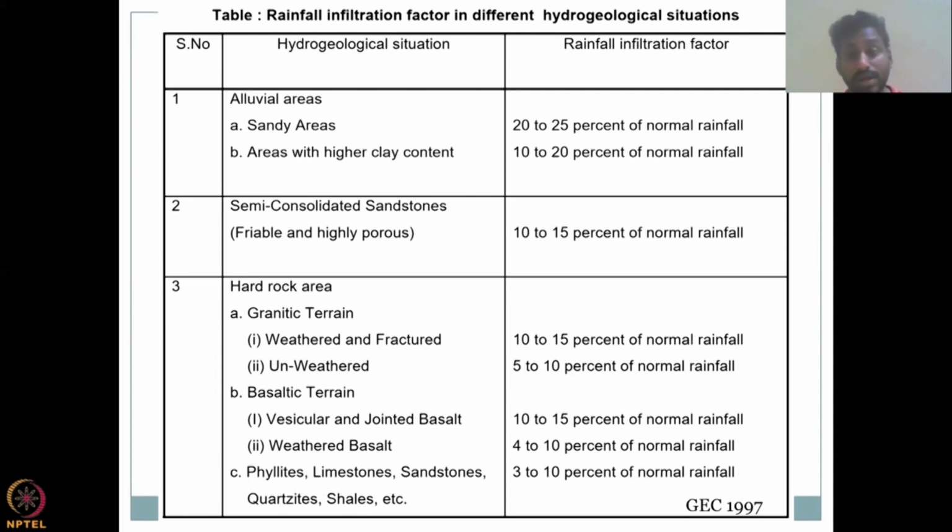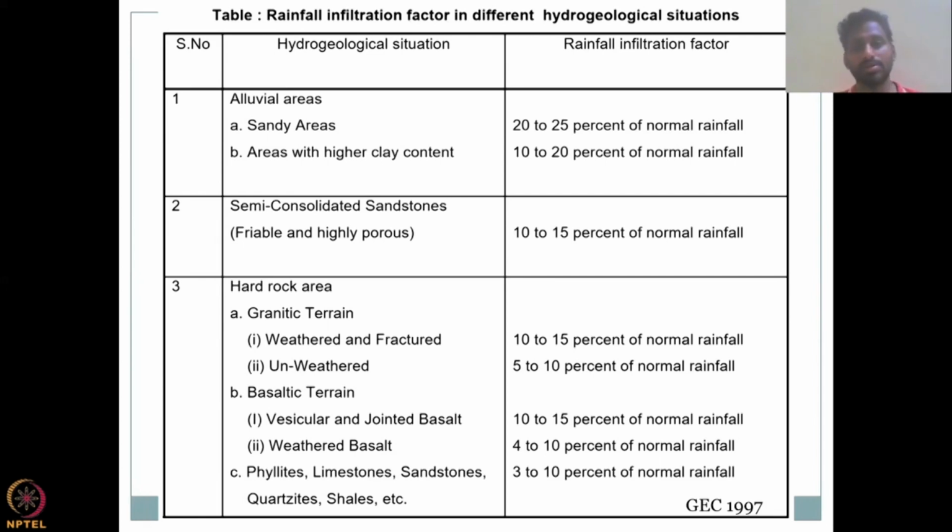So for example, if we have 100 mm of rainfall, around 20 to 25%, so 25 mm can get into the ground as infiltration. Again, this is not directly going into the aquifer, it goes in as infiltration. After infiltration, it can be taken up by the plants, it can be stored in the soil, or go into the groundwater.